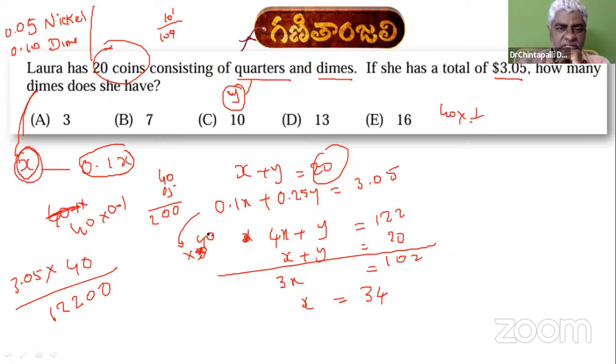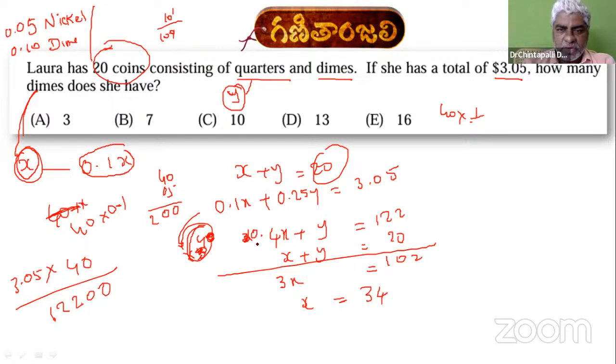No, not 40, just 4. Yeah, because 40 into 0.25, 10y, it will become 10y. Got it? Yes, sir. Multiply by just 4 only.